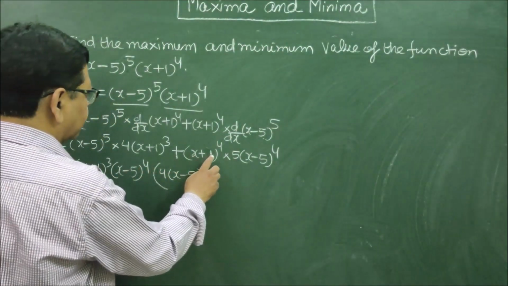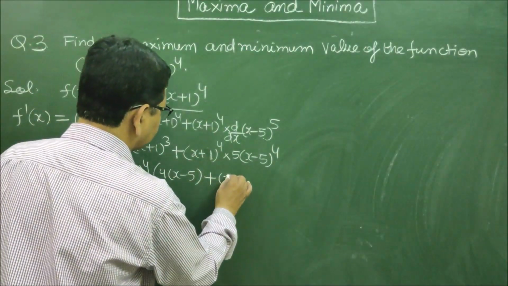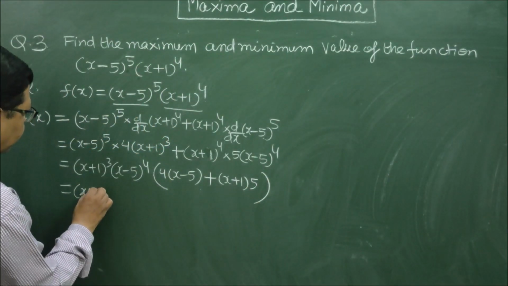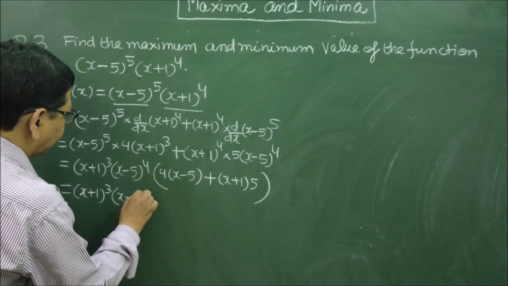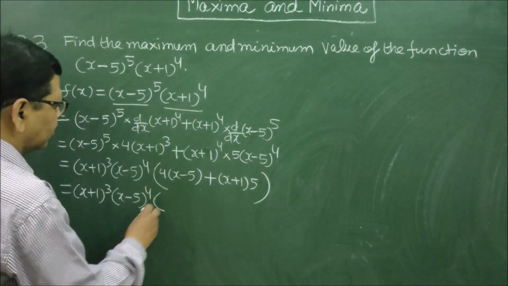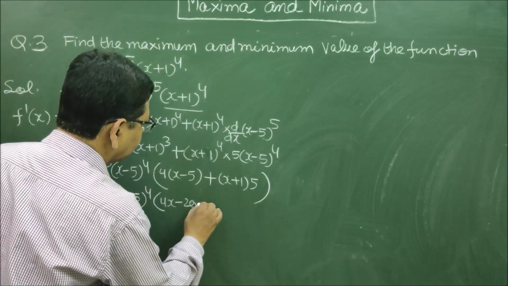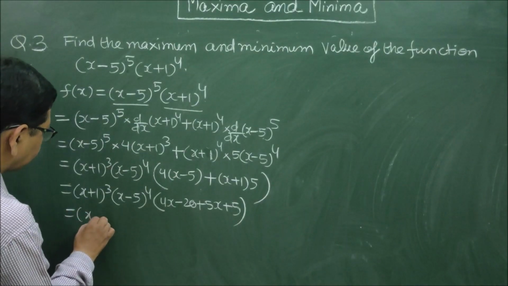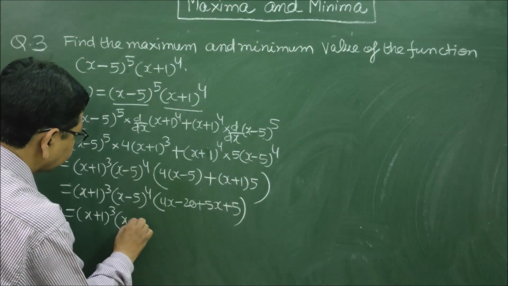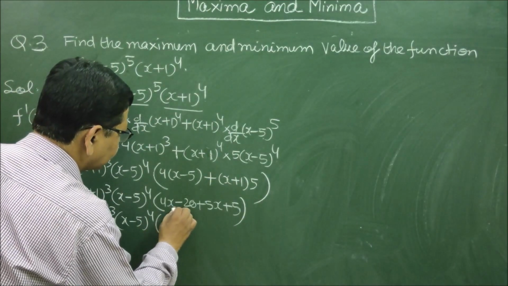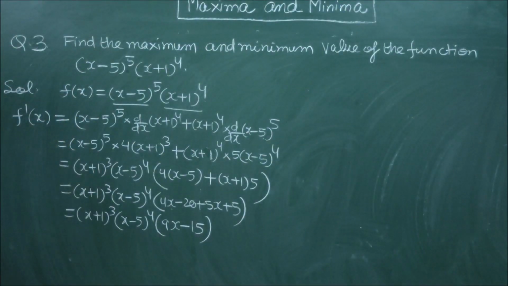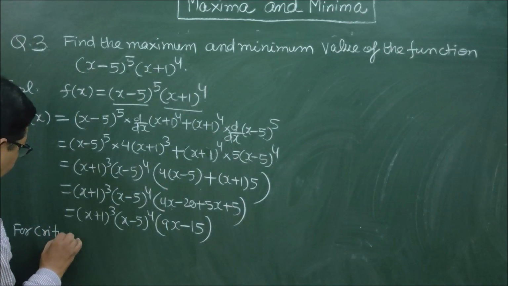If I take x plus 1 whole cube common, then 4 into x minus 5 is left in the first term, and x plus 1 into 5 in the second. So it is equal to x plus 1 whole cube into x minus 5 raised to the power 4, into 4x minus 20 plus 5x plus 5, which is equal to x plus 1 whole cube into x minus 5 whole 4, into 9x minus 15. For critical points, f dash x should be equal to 0.